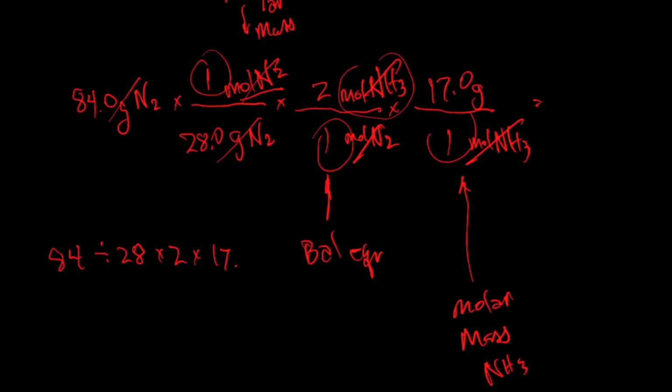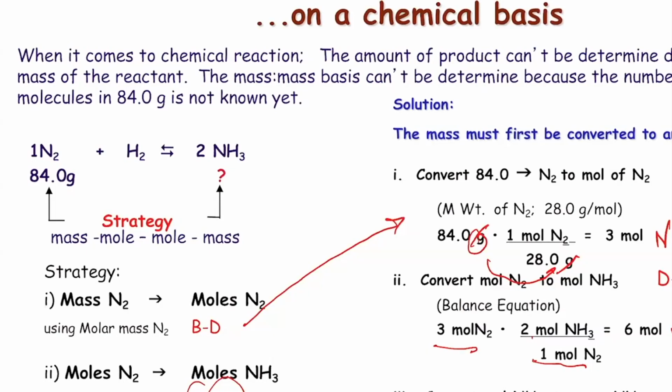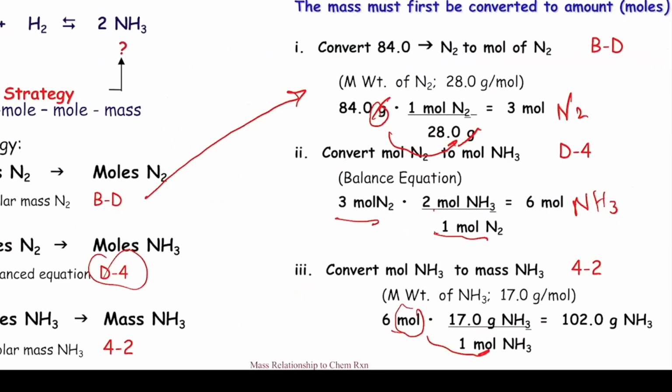Because what you end up doing a lot, especially if you're very cautious, is saying 84 times 1 times 2 times 17 divided by 28 divided by 1 divided by 1. You're just wasting time. Just take 84 divided by 28 times 2 times 17 equals. You get the answer. And that answer happens to be 102.